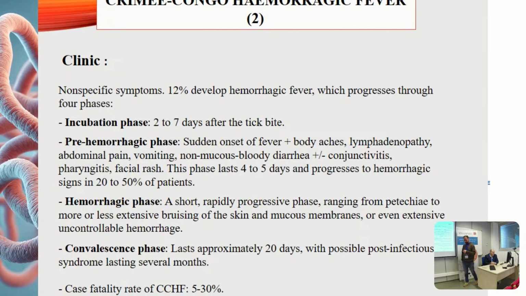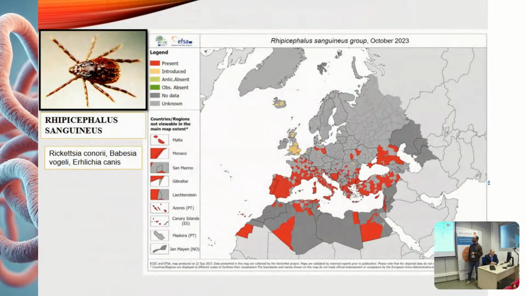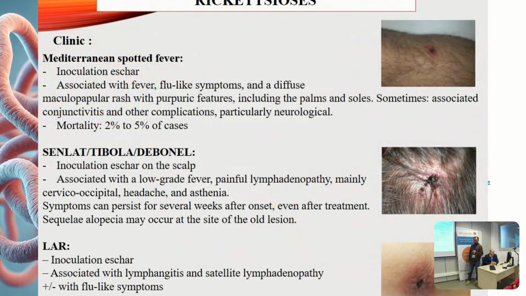Can it be important? So it's serious. Another tick, Rhipicephalus sanguineus, can transmit different infectious disease agents, as you can see, and the most important is rickettsiosis.